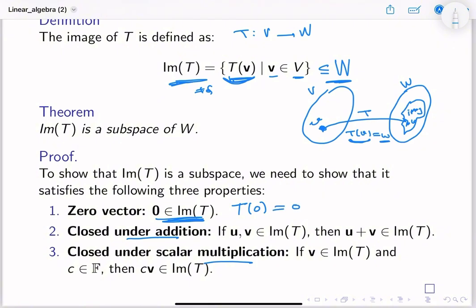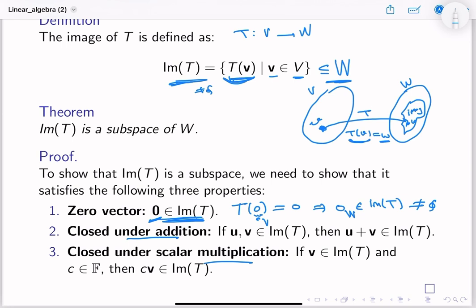Thus, since we find a vector in the vector space V whose image is 0, the 0 vector, then the 0 of W is actually in the image of T. So this is the first thing, which shows that the set is not empty.